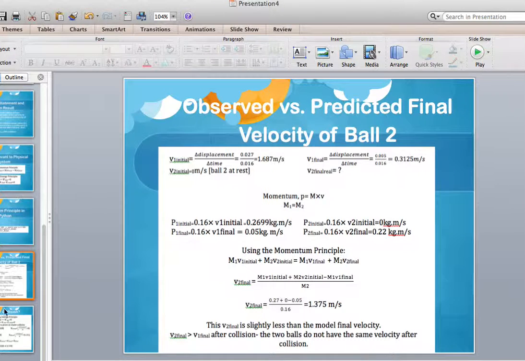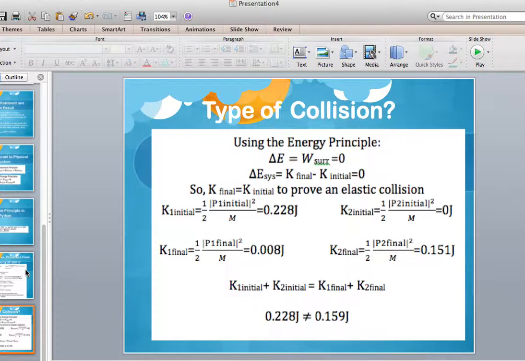Then, using the energy principle, delta E of the system is equal to 0, where delta E equals the final kinetic energy minus the initial kinetic energy equals 0. This is the situation which occurs for elastic collisions.